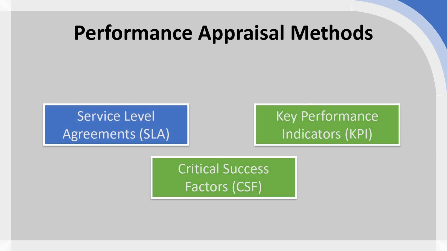These are often confused or melded together quite often, so it's worth just taking a moment and distinguishing them. So KPIs are quantitative metrics. They tend to, or they attempt to measure the performance of the process which is being monitored.